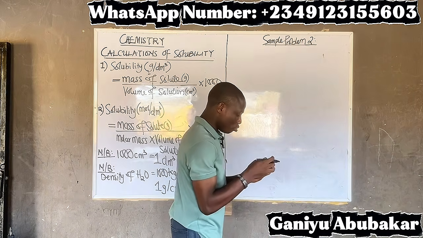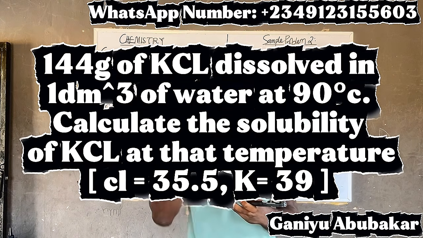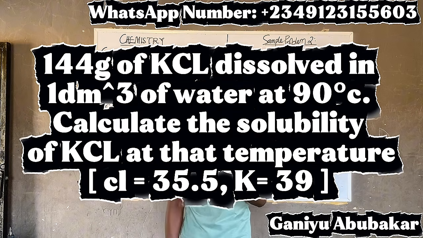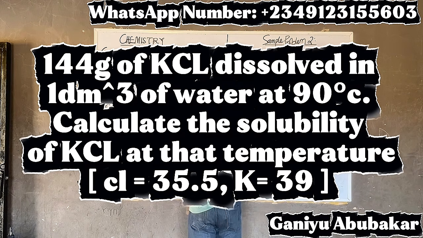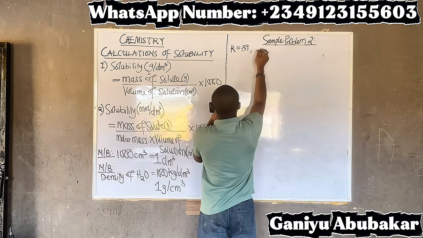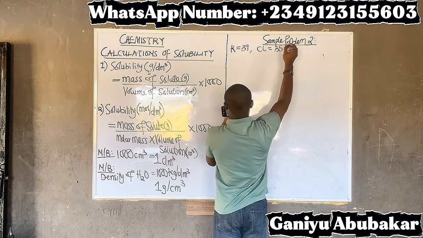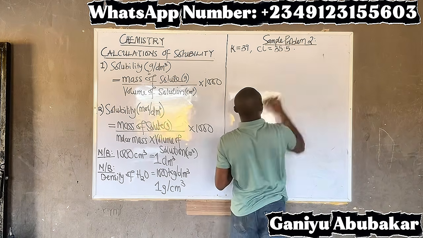Question 2 says, 144 gram of KCl, potassium chloride, dissolves in 1 dm cube of water at 90 degrees Celsius. Calculate the solubility of KCl at that temperature. Take the mass of K to be equal to 39, take Cl chlorine to be 35.5. These are the molar masses. That's all, please.